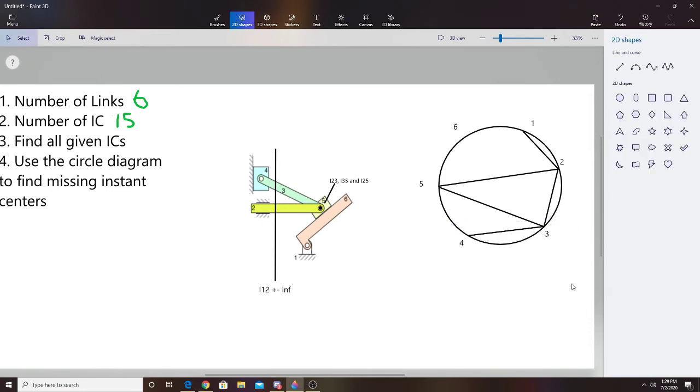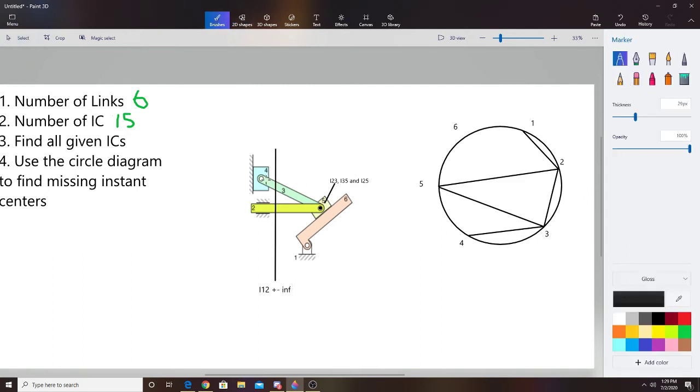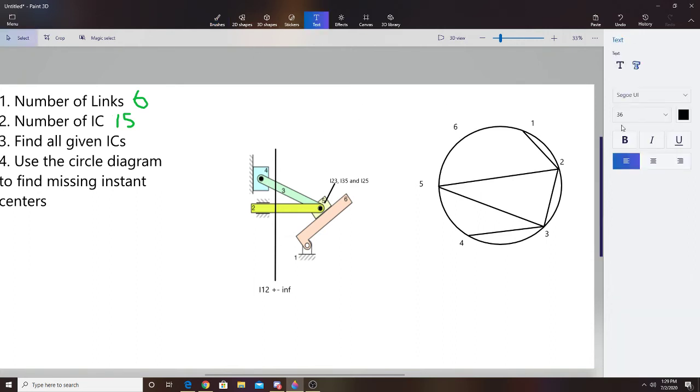So 3-4 at the blue slider. That is correct. So he has said that it is right here. And he would be correct. I'm going to go ahead and text that one. 3-4.